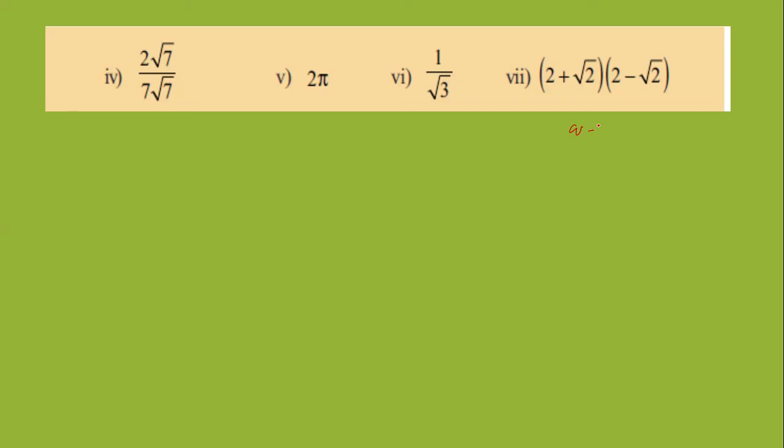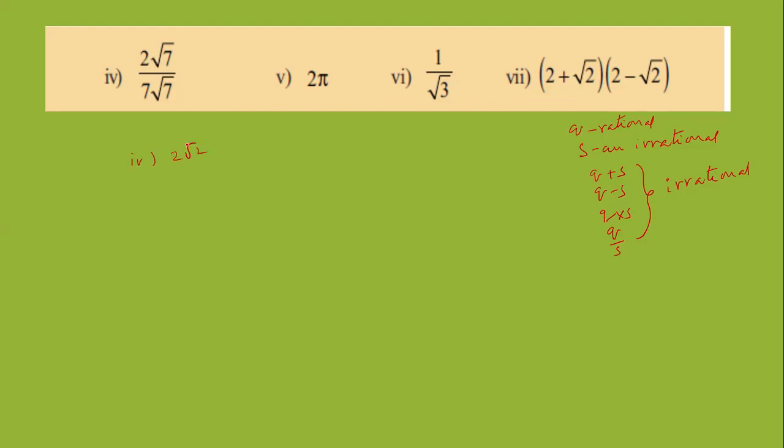I write here: if Q is rational and S is an irrational, Q plus S, Q minus S, Q into S, Q by S, these all give us irrationals.